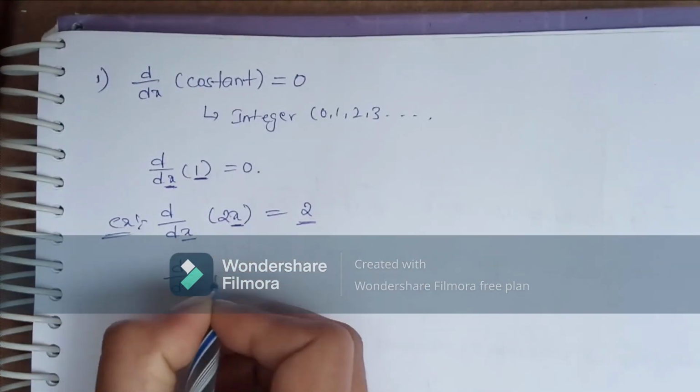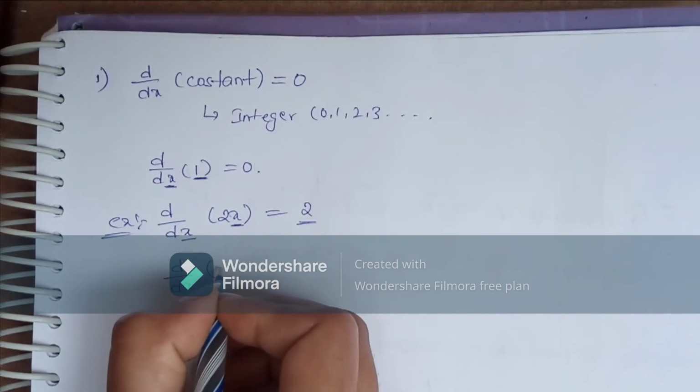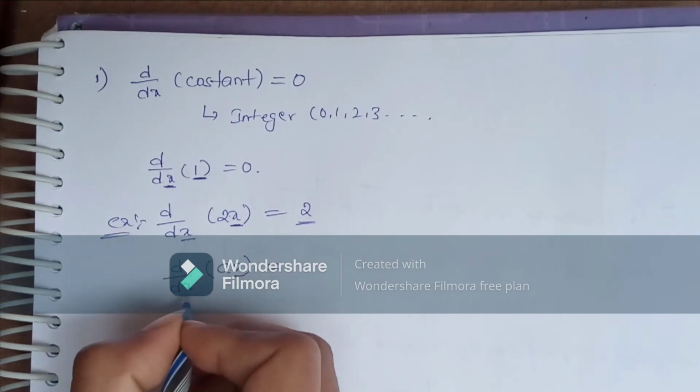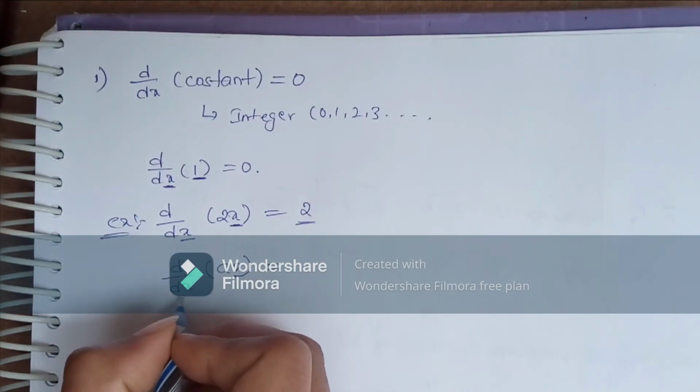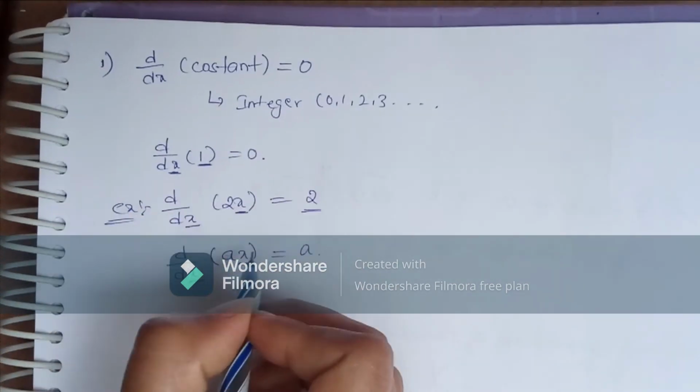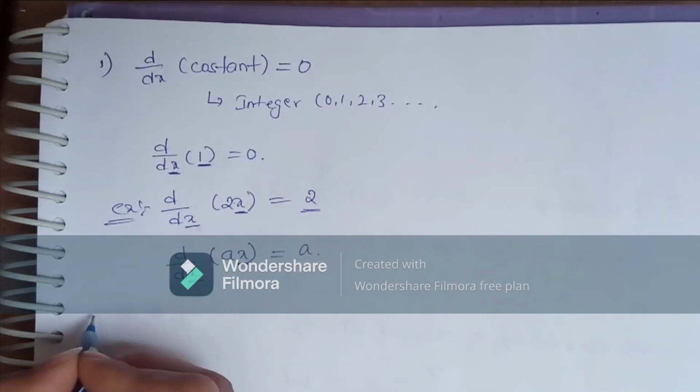If d by dx of ax, differentiating with respect to x, then the value is a. So these are the examples for the first formula.